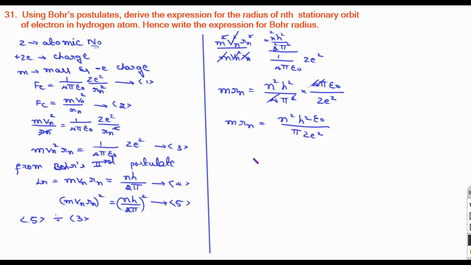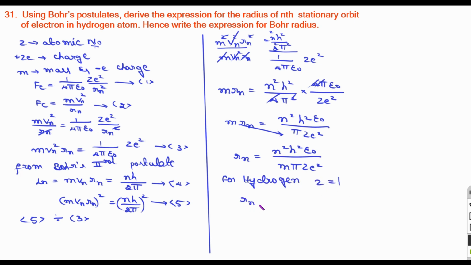This much is there. We need only Rn. So Rn is equal to n square h square epsilon naught divided by, this m comes to the denominator, m pi Z e square. So for hydrogen like atoms, for hydrogen this Z is actually equal to 1.